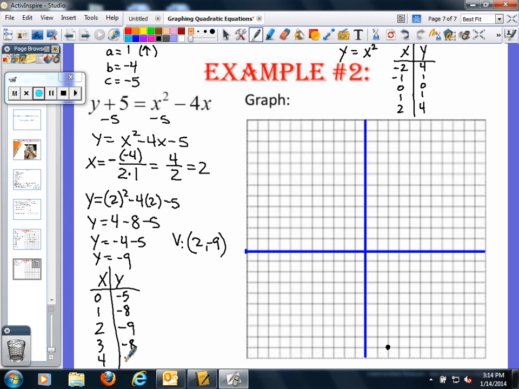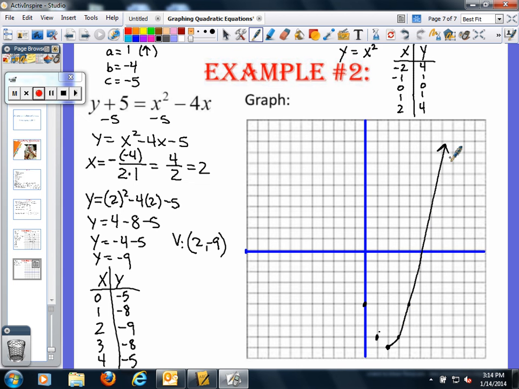And 4 minus 9 will be -5. And if we want, we can actually plug these in and see if that's correct. So according to what I have, (1, -8), and I have (0, -5). And I have it here and here.